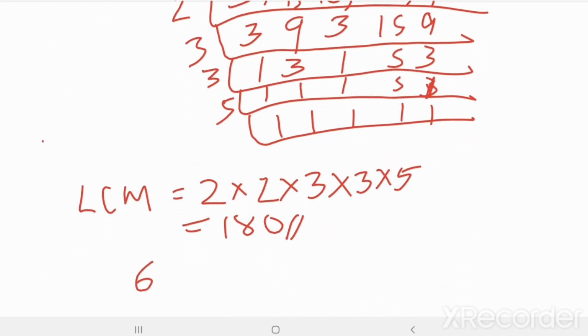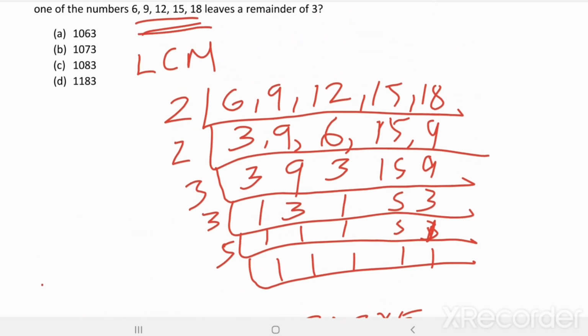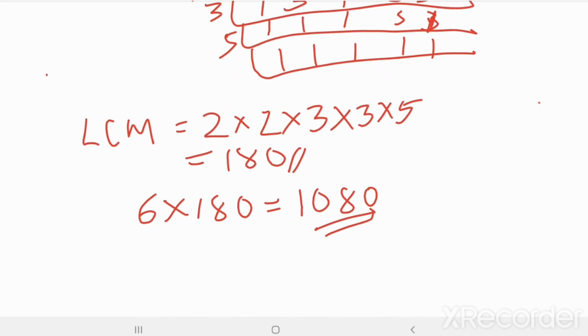So 6 into 180, we get 1080. So this 1080 is exactly divisible by all these numbers. Then we want to find a number which gives remainder 3. So add 3 to this number to get remainder 3.